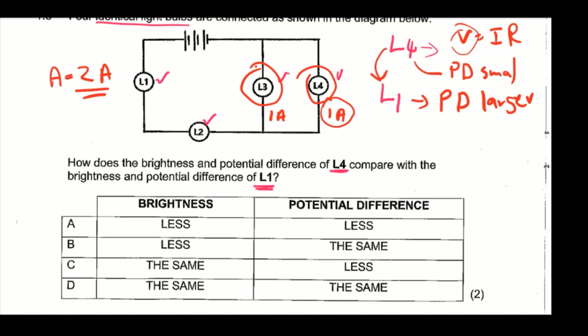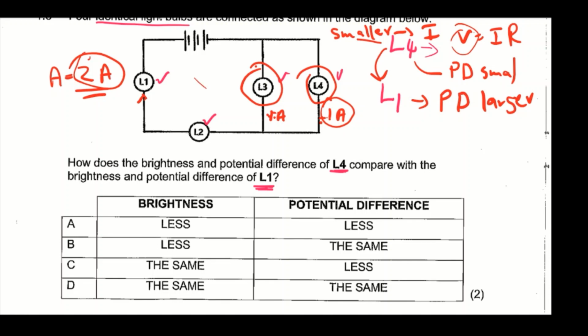And if the potential difference is smaller, definitely the current of L4 will be smaller also. I said if we are talking of 2 amperes, L1 has 2 amperes and these only share 1 ampere because they're identical, remember that. So it's going to be 1 ampere, so current is smaller.